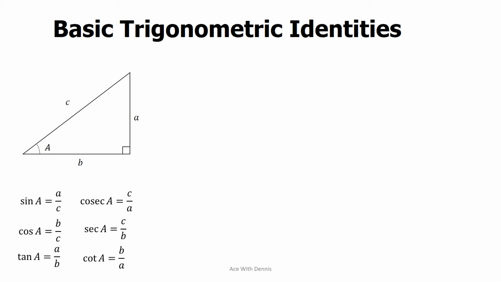Alright, so now let's move on to Pythagoras theorem. From here, we know that Pythagoras theorem is a squared plus b squared equals c squared. Now what we can do is, for every side here, we divide by c.